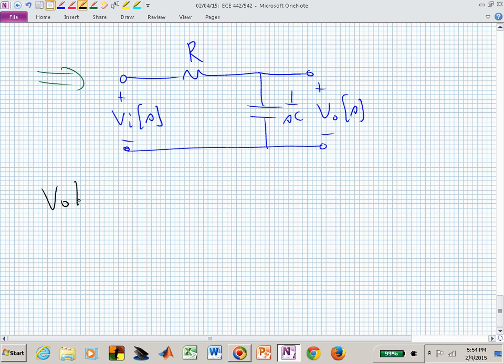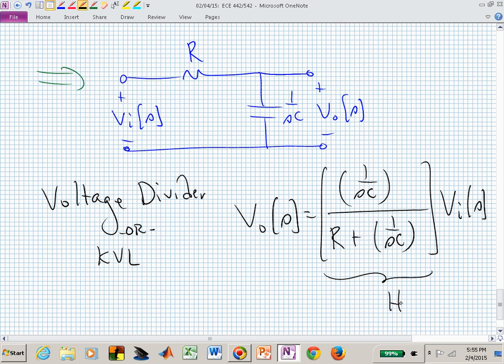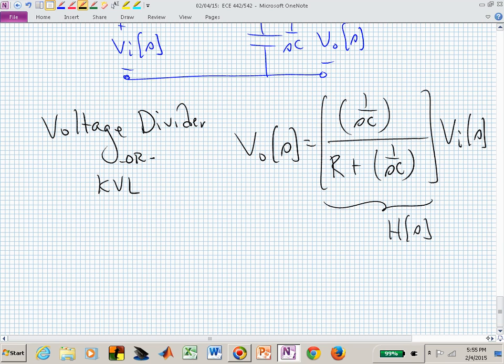If you did a voltage divider, or KVL, you could say that V sub 0 of S is now the impedance on the vertical branch divided by the total impedance. And there is our transfer function of a low-pass filter.